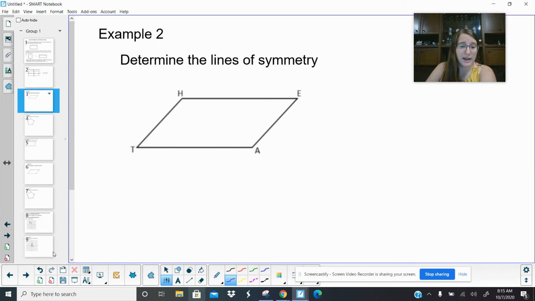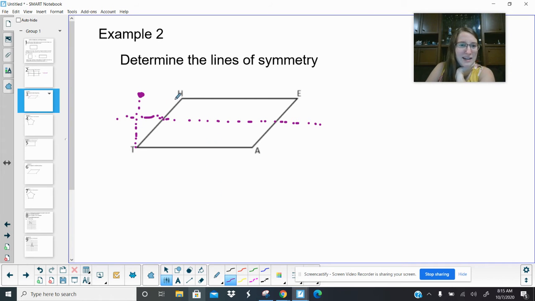Okay, let's see. Now, this is a common one that people think. Say that you thought this was a line of symmetry. Now, I'm going to extend this out here. If I folded this piece of paper in this way, here's what's going to happen. I'm going to fold T up to this line and away. This is where T would fall.